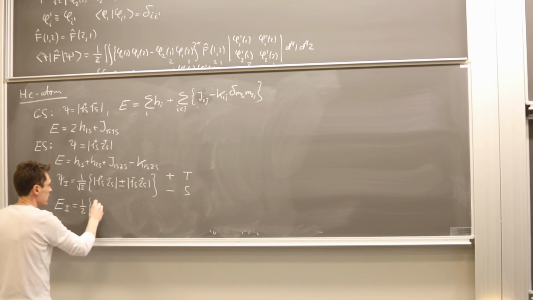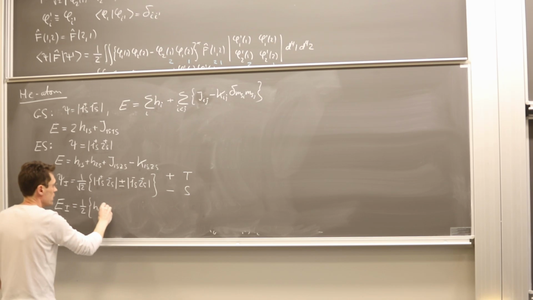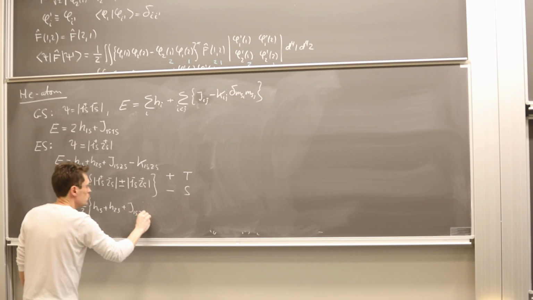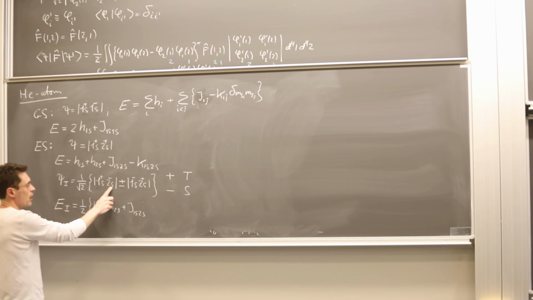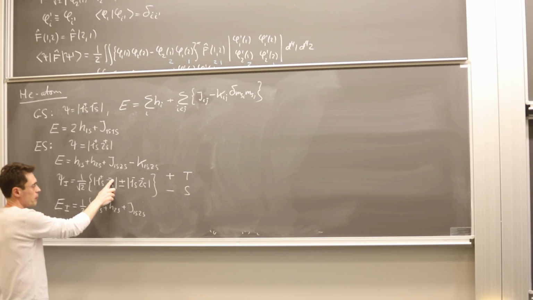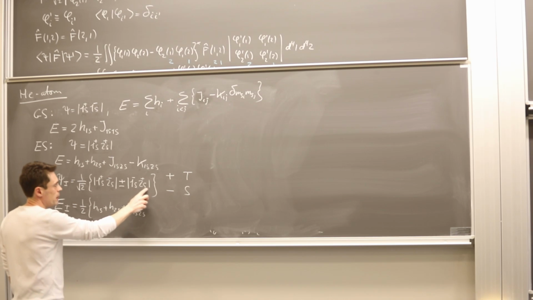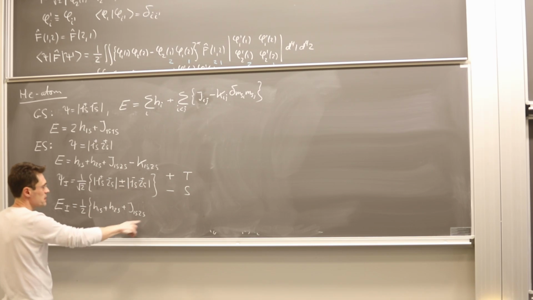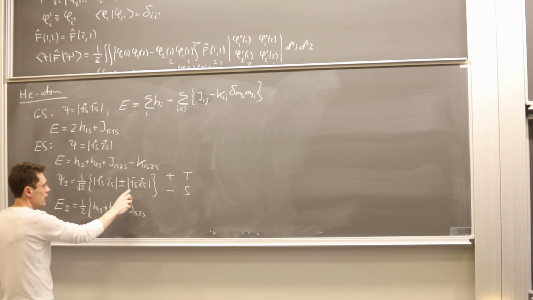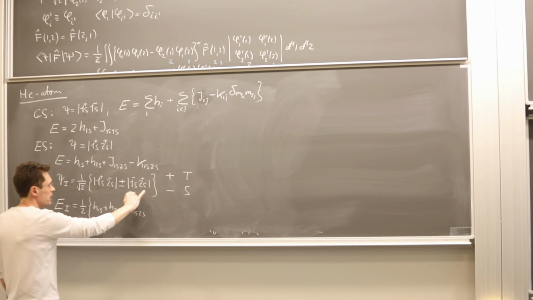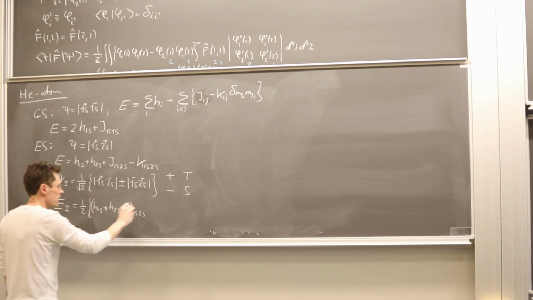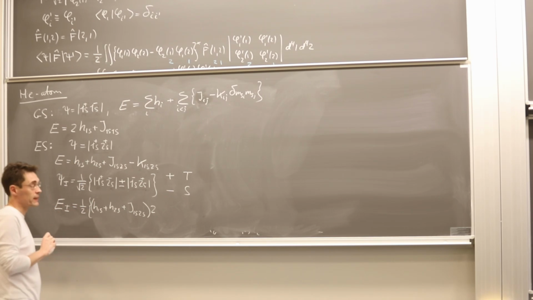So in this case, I get an H1s and an H2s and a J1s, 2s, the Coulomb interaction, but no exchange term because the spins are different. Then there's this part over here. It's the same but with opposite spin, but since spins don't actually contribute here, this part will give me exactly the same. When I take it with itself, the minus sign will be squared. Right? So I just get this part twice.